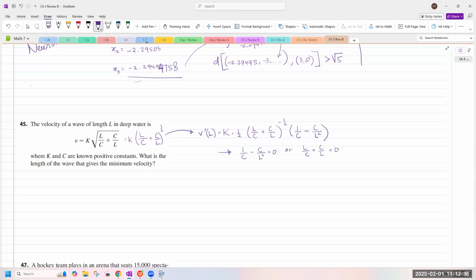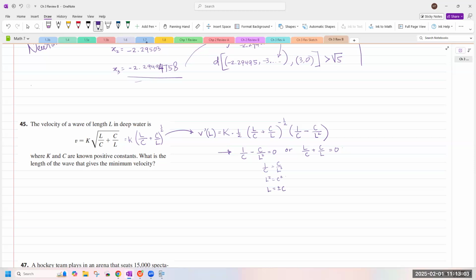But this will give us L equals C, right? 1 over C equals C over L squared, so L squared equals C squared. So L will equal plus or minus C. Let's see, maybe positive, maybe negative. Oh, C is a positive constant, but L may be negative.